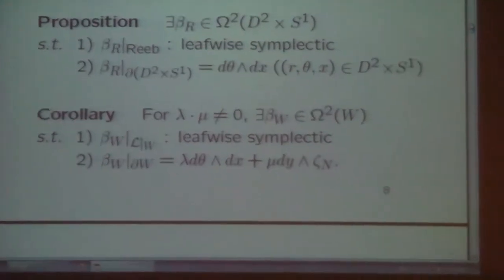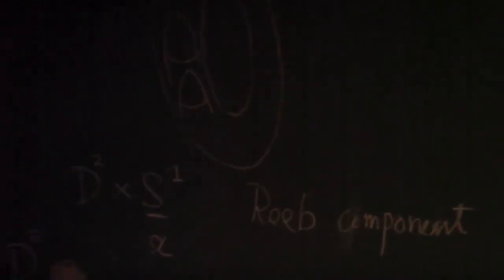Then the next step is to look at this Reeb component. If you carefully look at the construction, this S1 has an x coordinate, and this D2 sits in the complex plane, the complex plane where the function f takes values, and I will give polar coordinates r and theta.